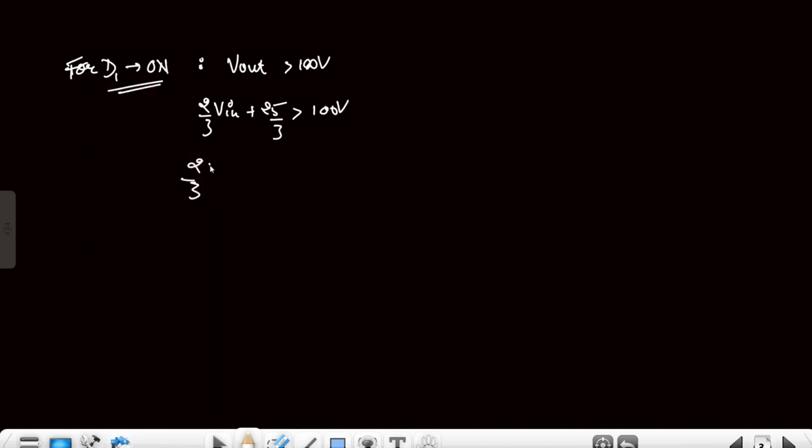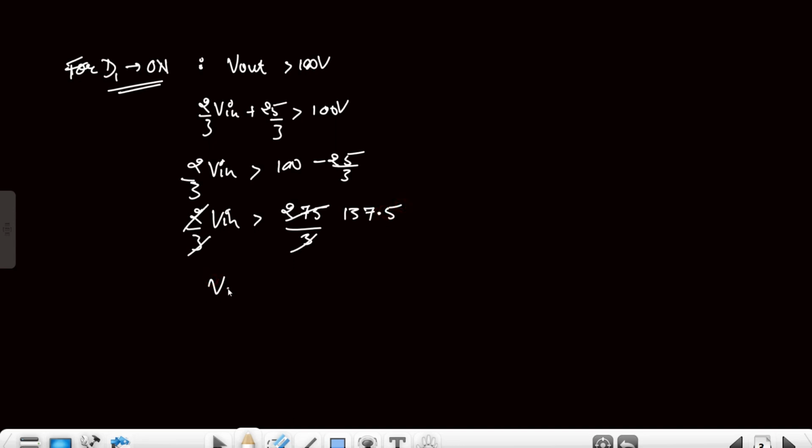So 2 by 3 Vin should be greater than 100 minus 25 by 3, that is 300 minus 25, which is 275 upon 3. The 3s cancel out, and this will be 137.5. So actually input should be greater than 137.5 volt for D1 to be on.